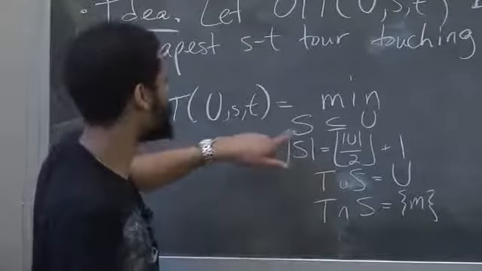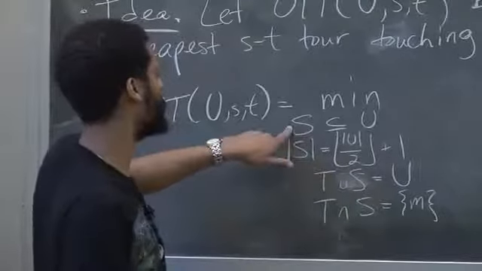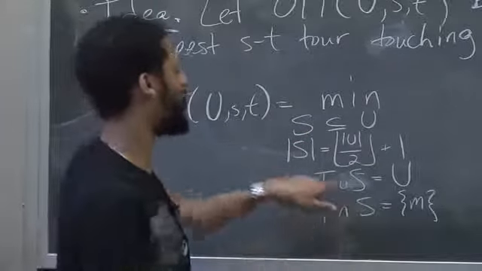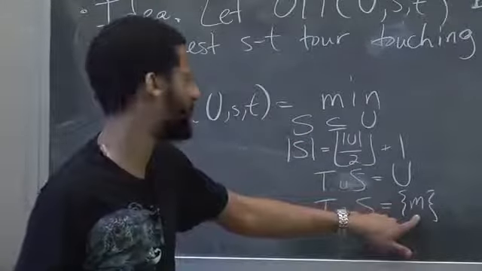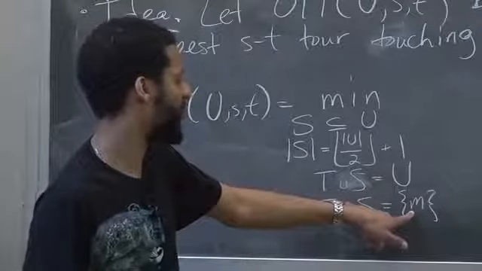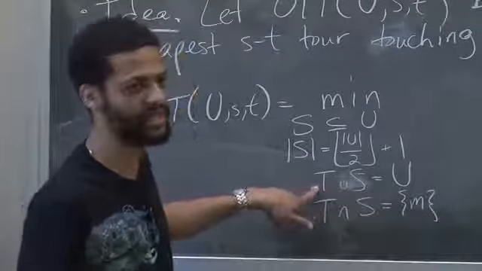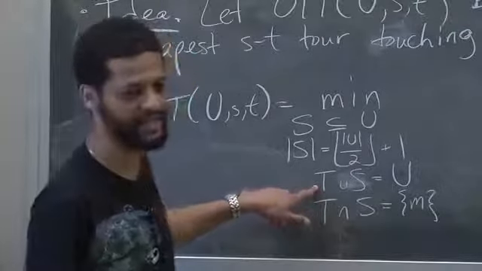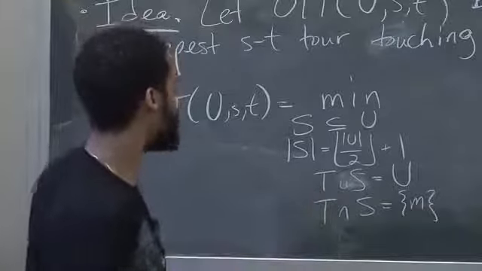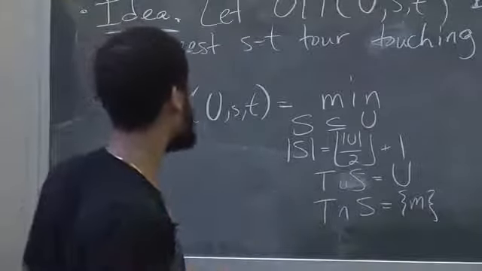So we're going to go through half the points of U, call that S, and when we finish going through S, we're going to end up at some point M. And then, now that we're at M, we have to finish going through T. So T is all the remaining points in U. So what's the best way to do this?